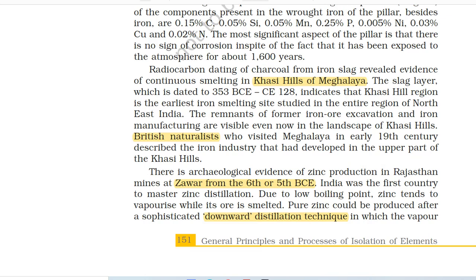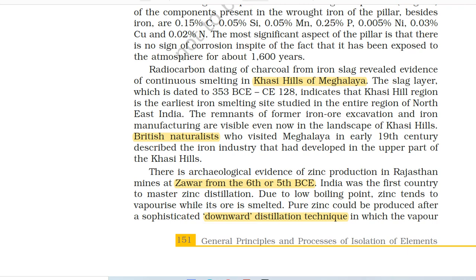Radiocarbon dating of charcoal from iron slag revealed evidence of continuous smelting in Khasi Hills of Meghalaya. The slag layer, which is dated to 353 before the Common Era to Common Era 128, indicates that Khasi Hill region is the earliest iron smelting site studied in the entire region of northeast India.